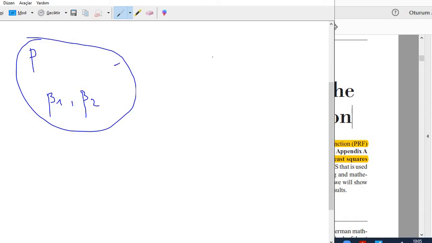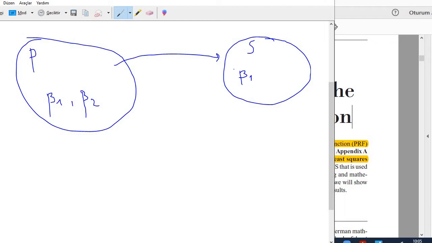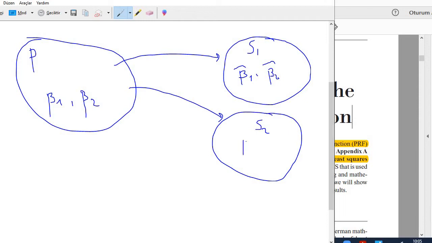So we are selecting different samples in order to estimate the population parameters from sample. So we are estimating beta 1, estimating beta 2 from sample 1. So we can select another sample. Again, we can obtain the population parameters by using ordinary least square estimation.